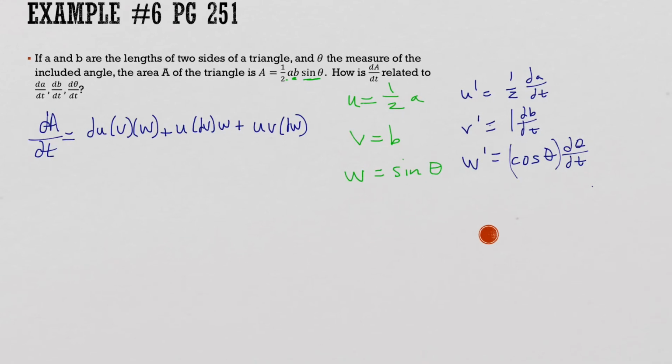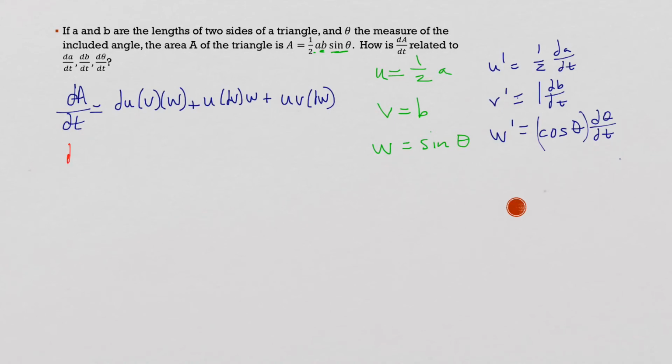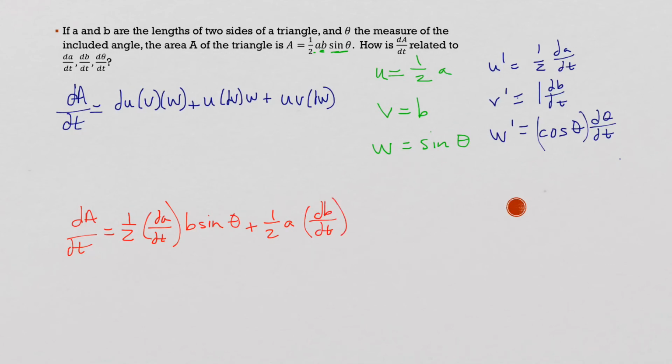So when we go to plug these guys back in, we're going to end up with dA dt equals du, which is 1/2 d little a dt, times v times w, b sine theta, plus u, which is 1/2 a, times dv, which is dB dt, times w, sine theta, plus uv, so 1/2 ab cosine theta d theta dt.